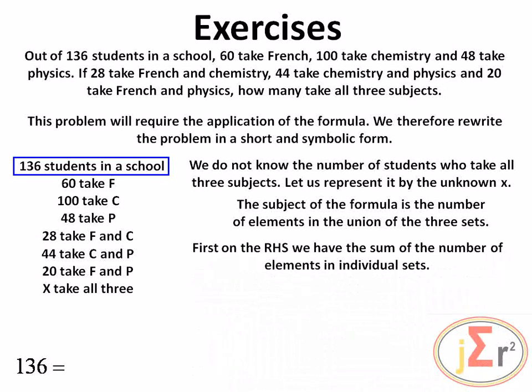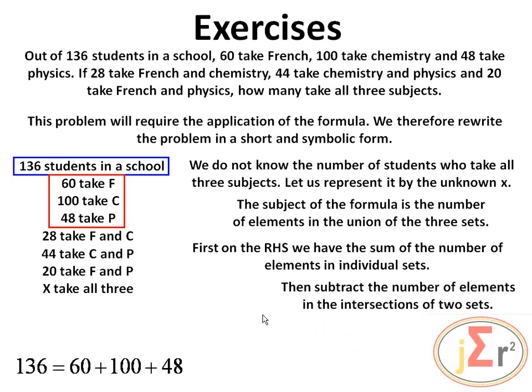Then on the right hand side, we have the sum of the number of elements in the individual sets. Remember that? We add them. So we have 60, 100, and 48, and we have them added right there.